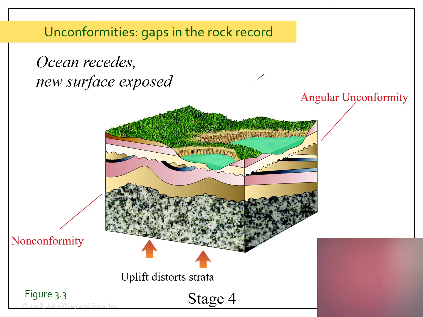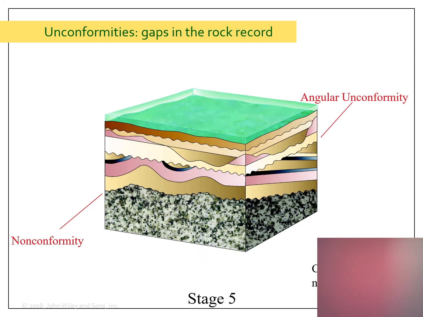We have some tectonic uplift going on, some distortion of the rock strata. Ocean comes back in, and on top of those flat-lying rocks below, we have more sediments that are being deposited, and between the two, we have a disconformity.